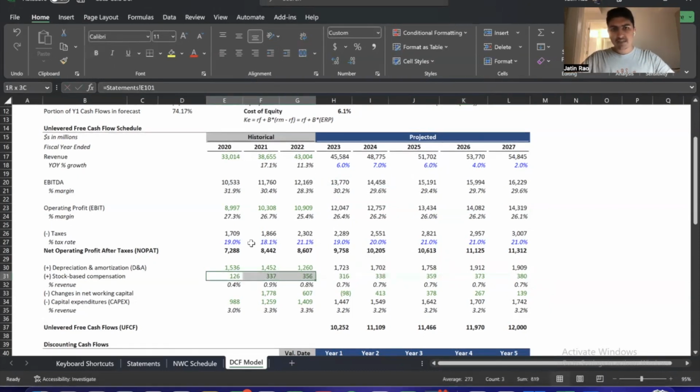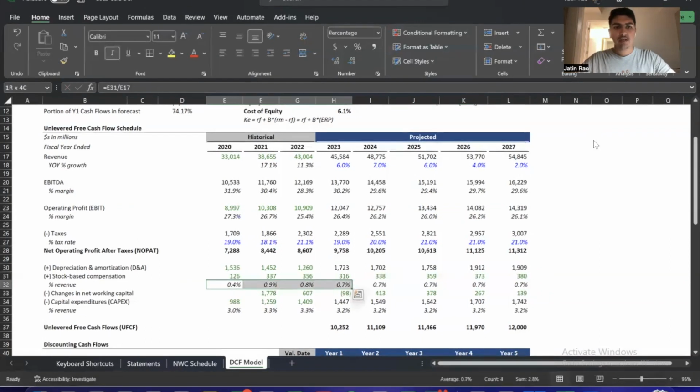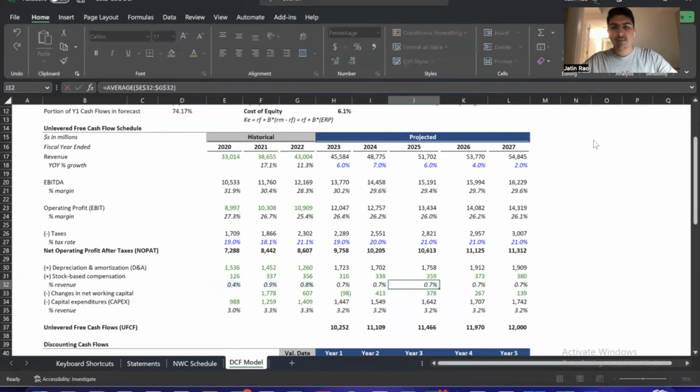Similarly, for stock-based compensation, we pulled it straight from the cash flow statement for Coca-Cola, also available in the operating section of the cash flow statement. But the way that we projected it was based on revenue. So we projected stock-based compensation as a percentage of revenue, and in the future, I'm pretty sure we said it was going to be a locked percent, 0.7%.